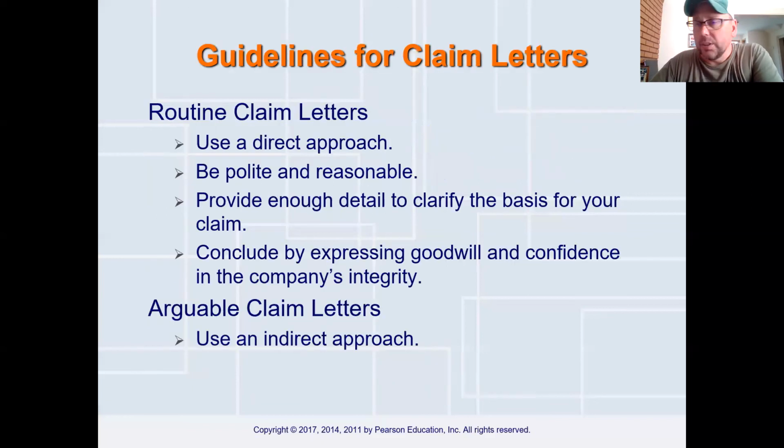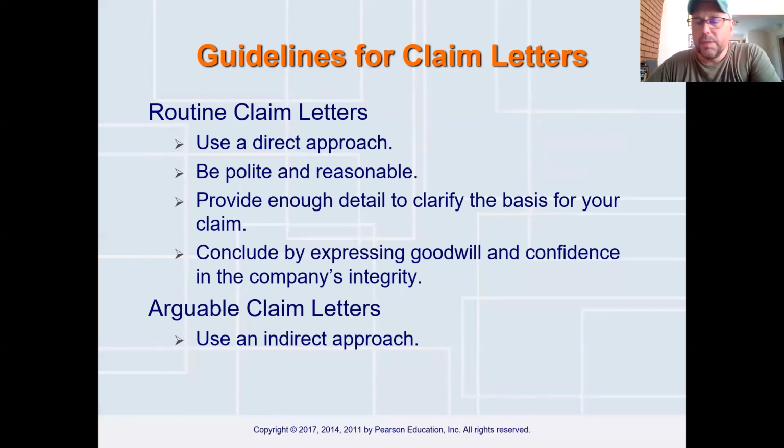Routine claim letters, you just use a direct approach. You just get to the point. You're polite, you're reasonable, provide enough detail to clarify the basis for your claim, and no more information than that. I mean, just give what they need. Conclude by expressing goodwill and confidence in the company's integrity, okay? Remember that your company may deal with them on several products, okay? Do not burn a bridge.